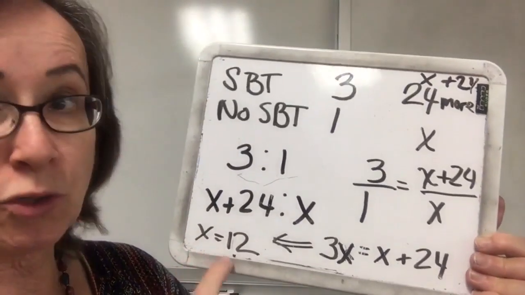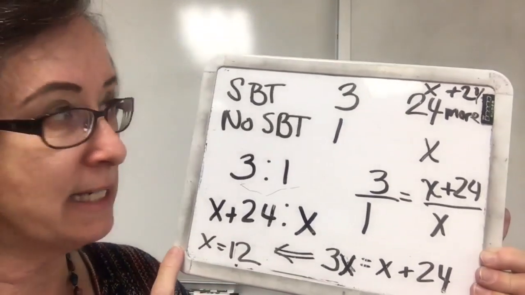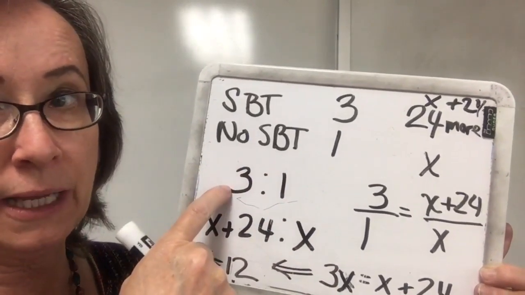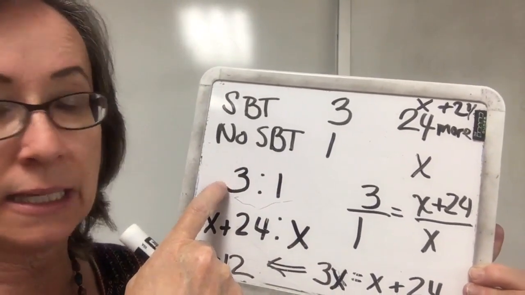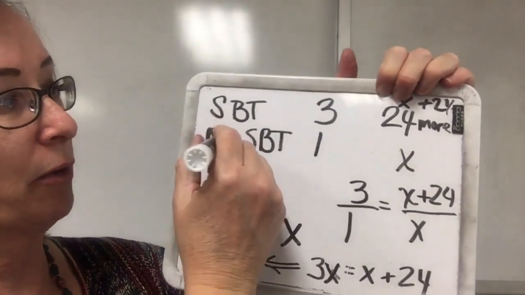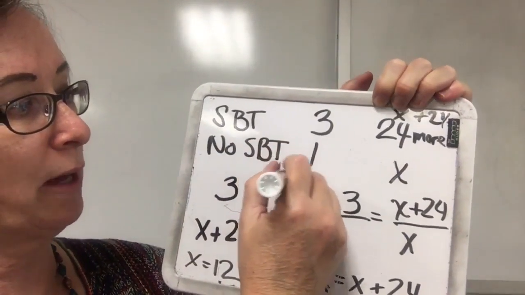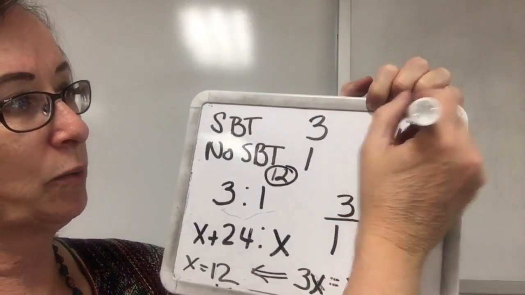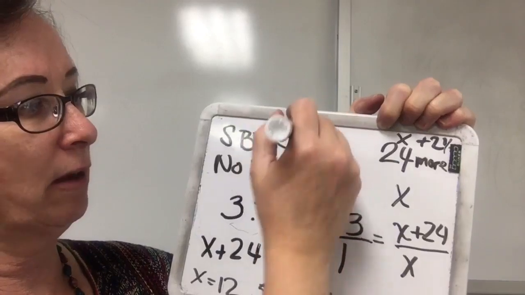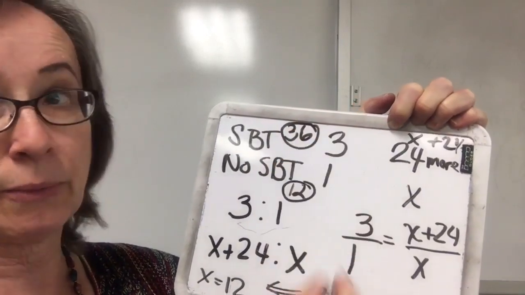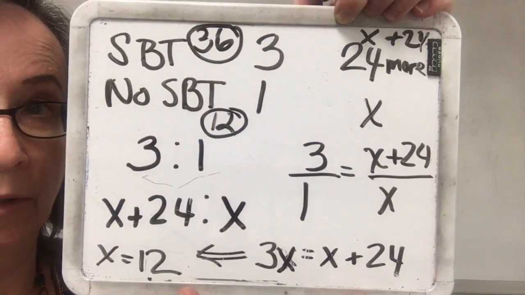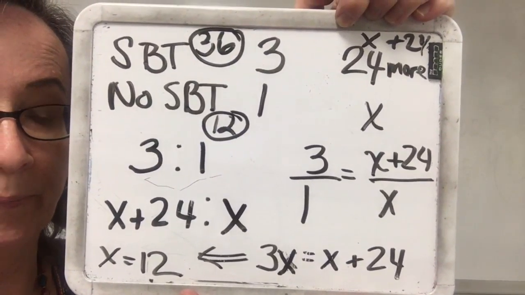So 12 is the number that did not, therefore 12 times 3, or 36, will be the number that did take the spring break trip. No spring break trip was 12 people, so 12 plus 24 is 36, and you can see it is a 3-to-1 ratio. So that one was also pretty simple.